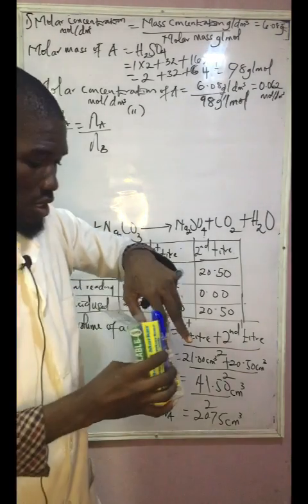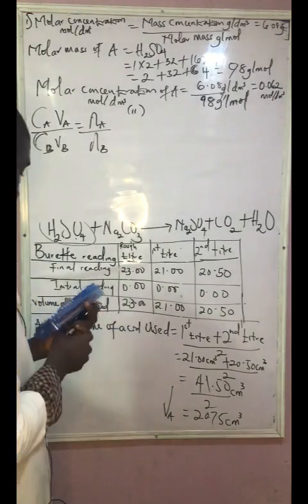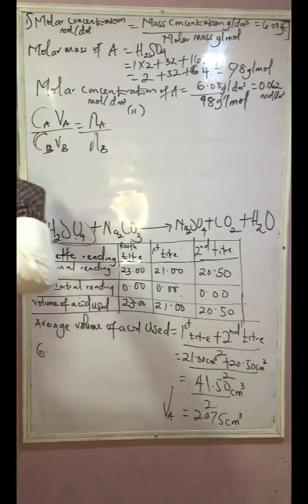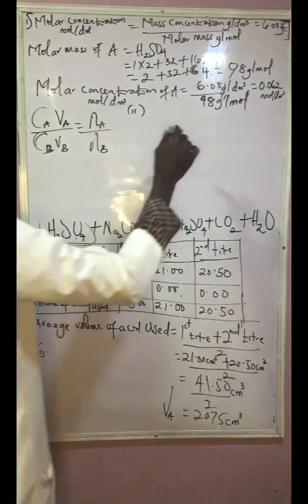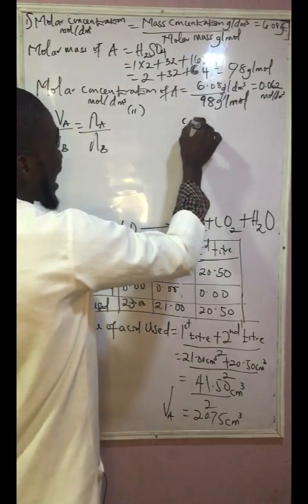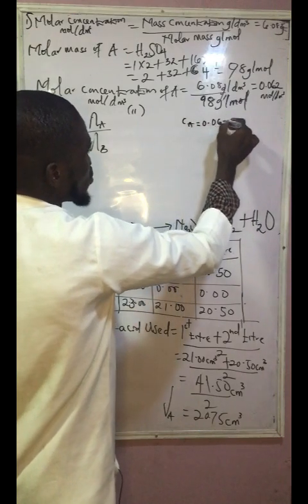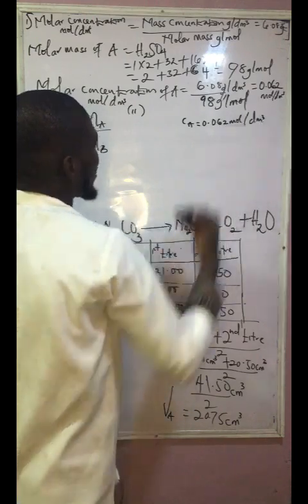So let's pick. Guys, our CA, the concentration of acid used, the molar concentration of acid. As I always said, please learn how to write all the parameters out. So we have 0.062 mole per dm cube.